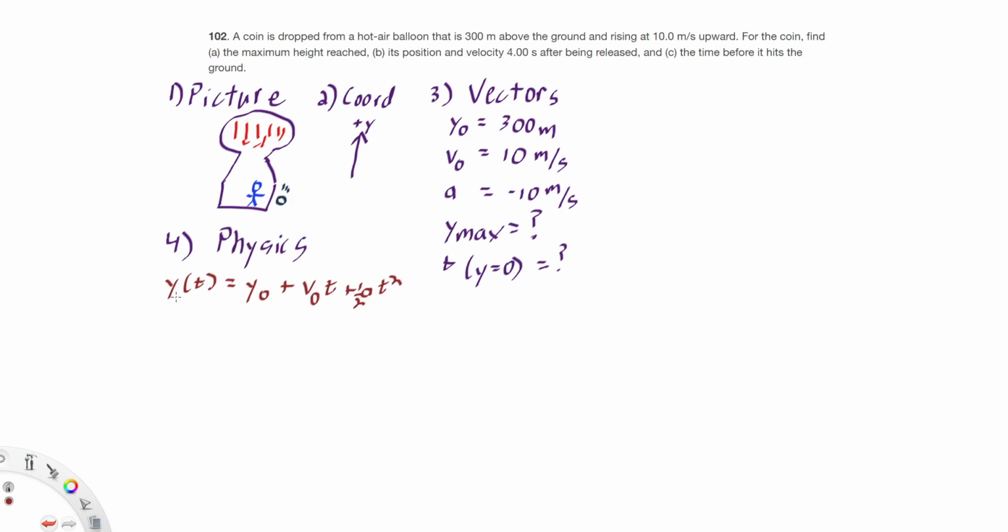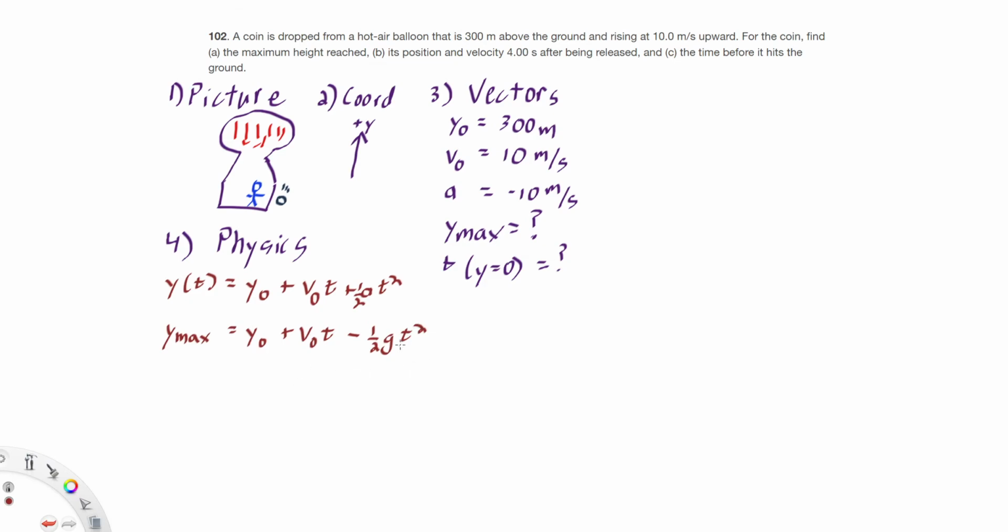Well, if we're looking for max first, so let's look for max height, right? Our maximum height will equal our initial height plus v naught t, and I'm going to write minus 1/2 g t squared.